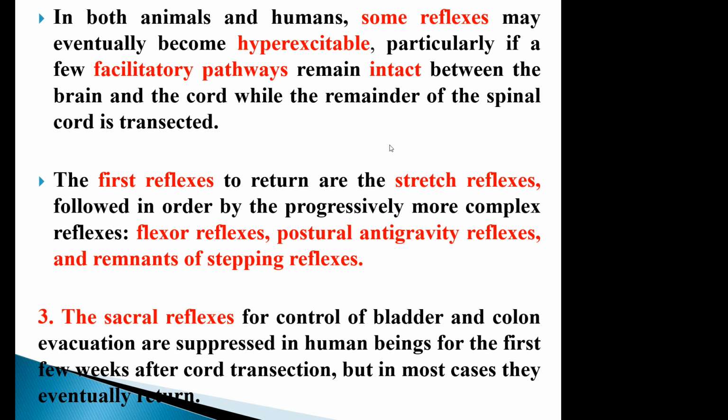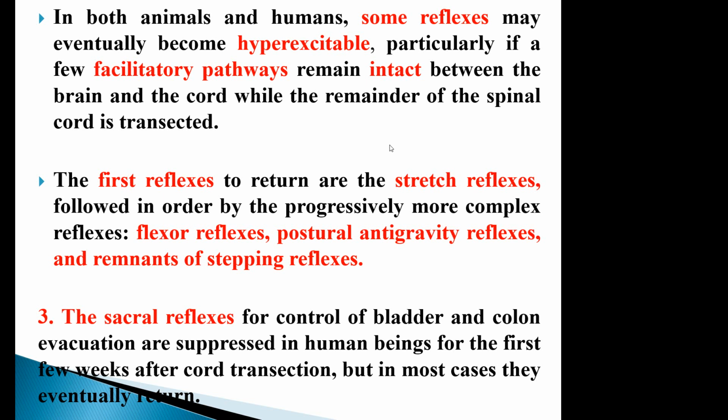The first reflexes to return are the stretch reflexes, followed in order by progressively more complex reflexes like flexor reflexes, postural antigravity reflexes, and the remnants of stepping reflexes. The sacral reflexes for control of bladder and colon evacuation are suppressed in human beings for the first few weeks after cord transection, but in most cases they eventually return.